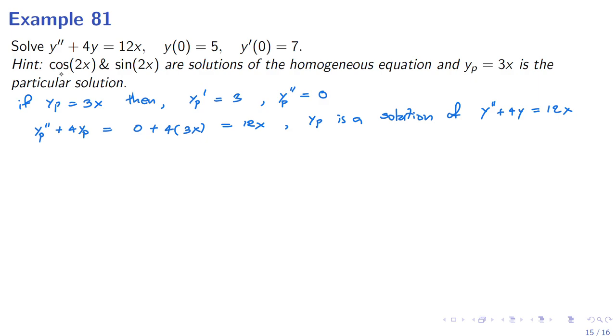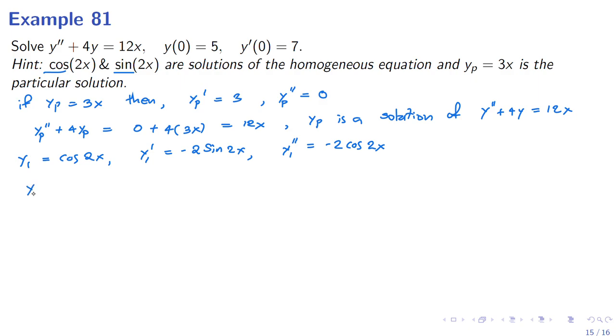And also, let's show that cosine 2x and sine 2x are solutions of the homogeneous equation. Let me call y1 the cosine 2x. Then its first derivative is minus 2 sine 2x, and its second derivative is minus 4 cosine 2x.